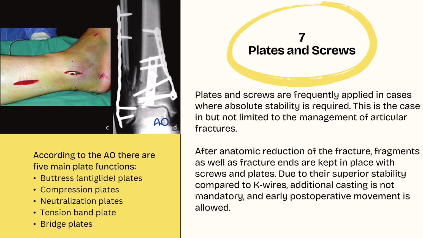Next, plates and screws. According to the Orthopedic Association, there are 5 main plate functions: anti-glide plates, compression plates, neutralization plates, tension band plates, and bridge plates. Plates and screws are frequently applied in cases where absolute stability is required, such as but not limited to the management of articular fracture.